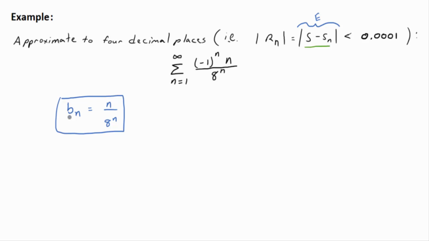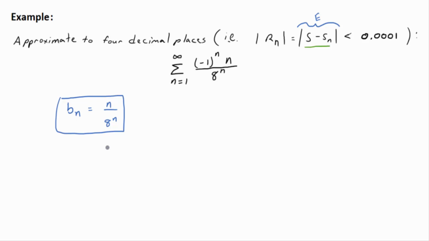If you look at the related function, f of x equals x over 8 to the x, that denominator is getting a whole lot bigger than that numerator. It's pretty obvious that it decreases. If you want to prove it, you could use calculus on that. But I'll leave that to you to show that Bn is going to be decreasing to 0, which means it converges by AST, and we're just going to do the alternating series estimation theorem to get an estimate on this sum.